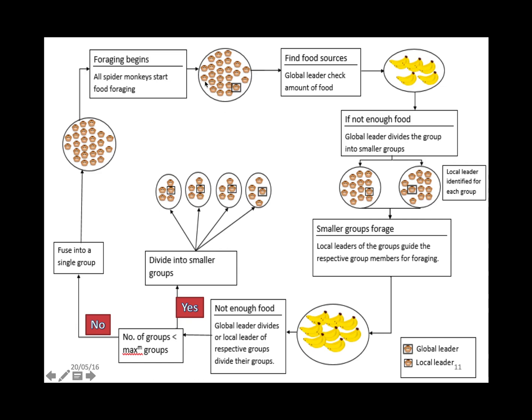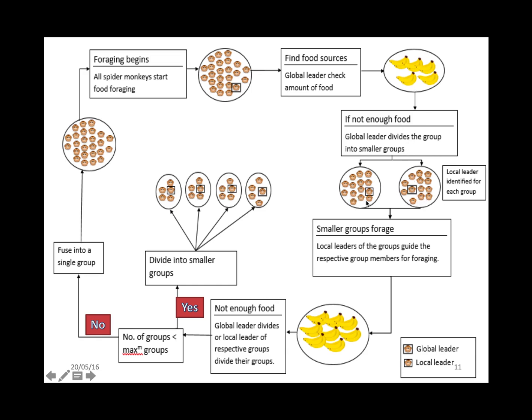So the group of monkeys starts foraging in the morning, and whenever they find food they start eating it, and after some time they may feel a scarcity of food in that area. Then, to avoid competition, because to have good swarm intelligence behavior there should be cooperation, not competition, they divide themselves into two smaller parts.